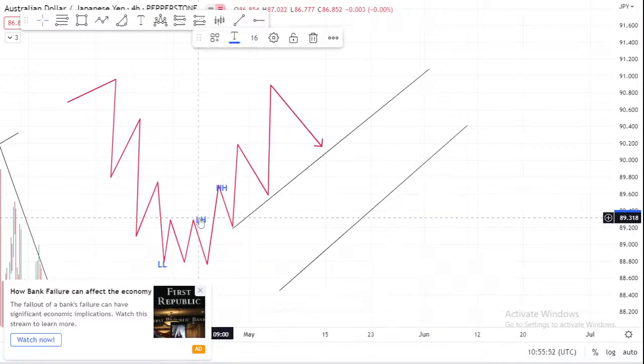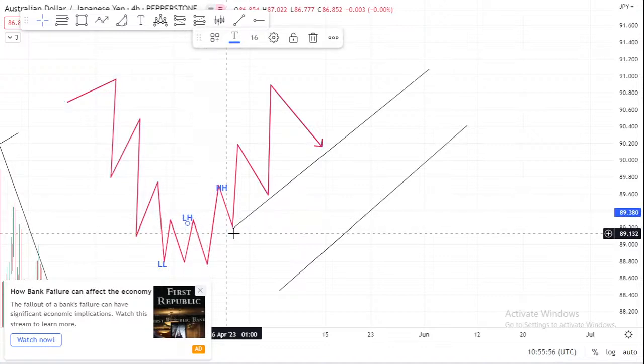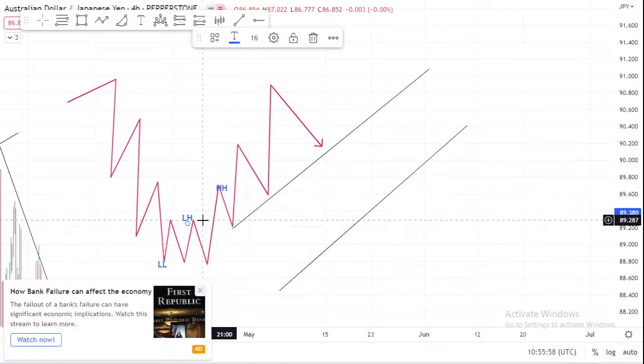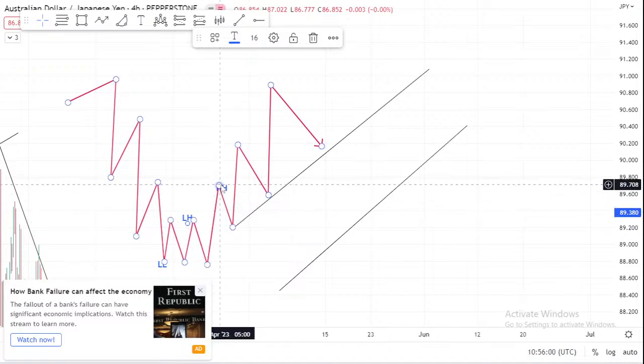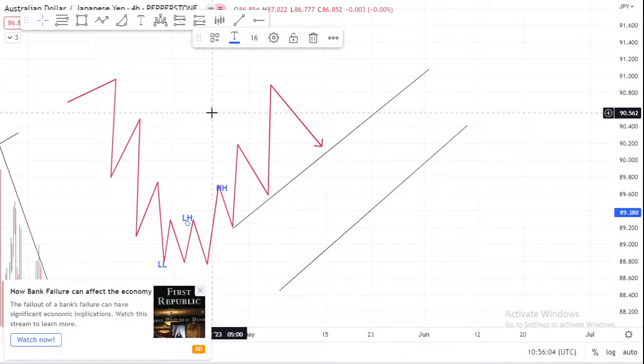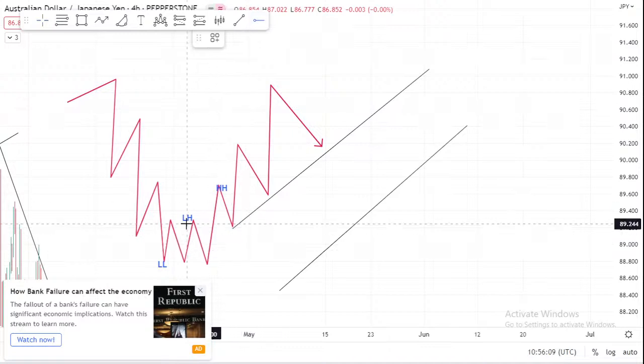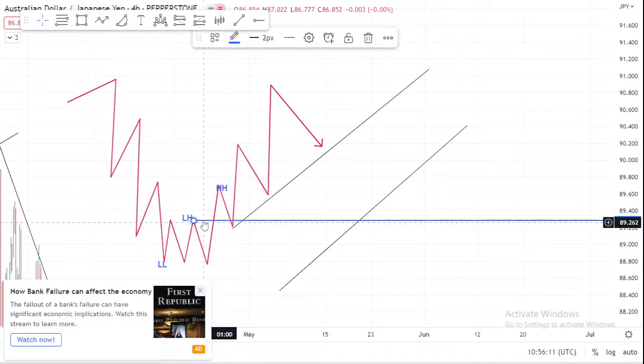So guys, this was a lower high over here, but you can see the next high was higher than the previous high, making a change of character over here. So this one will act as a change of character.